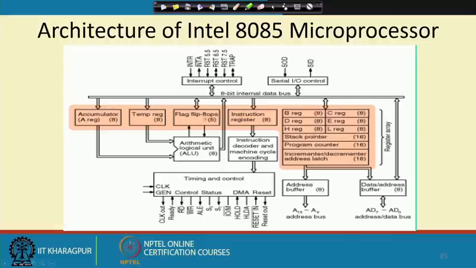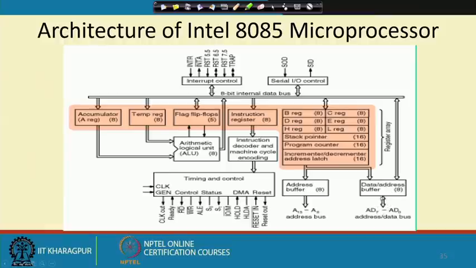Now let us look at it from the outside, the way the instruction comes to the processor. The instruction will come through the lines AD7 to AD0, which we assume are configured as the data bus.